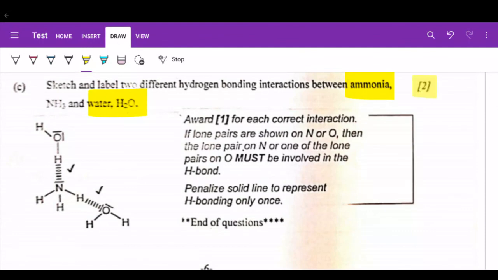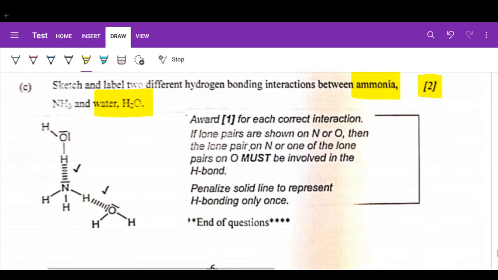When it is 2 marks, there are two types of hydrogen bonding. First, attraction between nitrogen and the hydrogen, and second, attraction between the hydrogen and oxygen. So this is 1 mark. Another hydrogen bonding is also 1 mark.